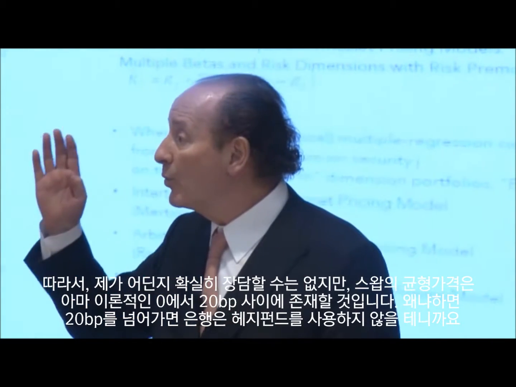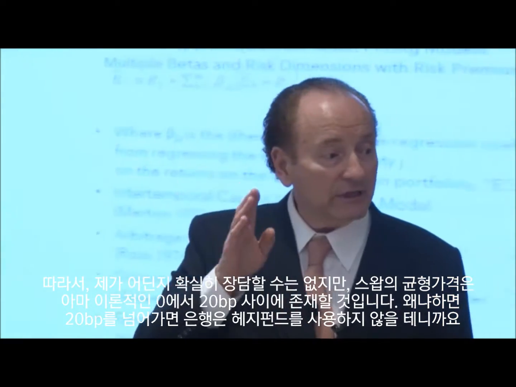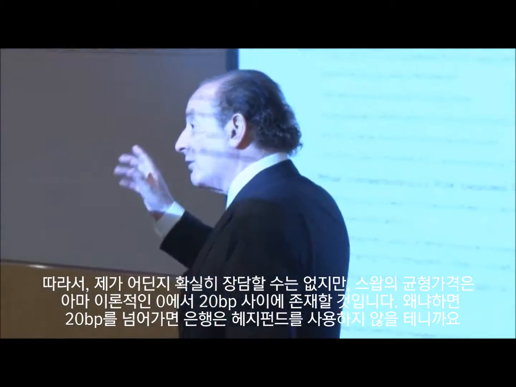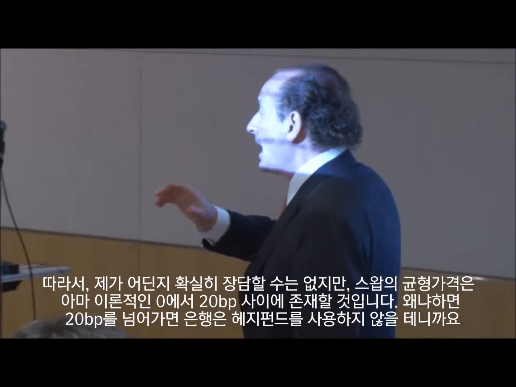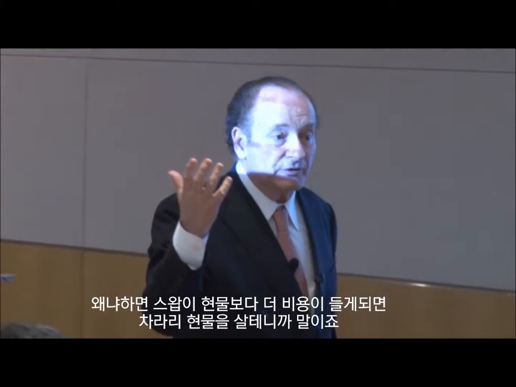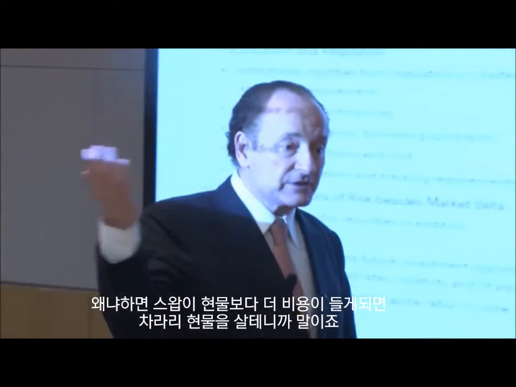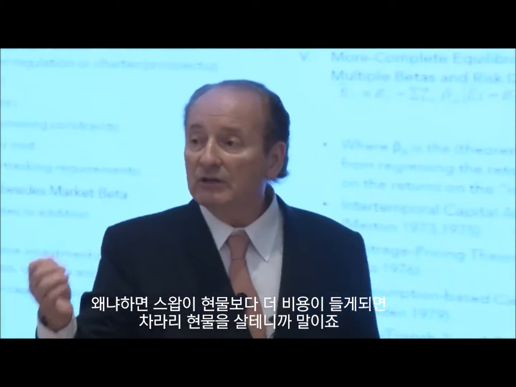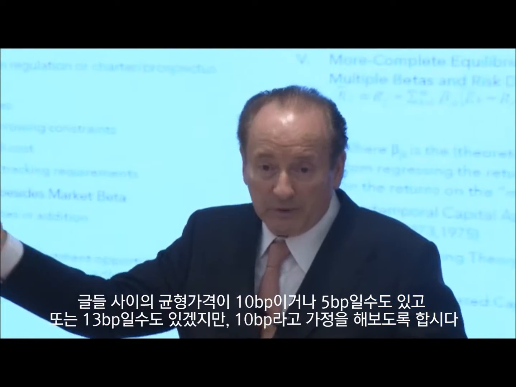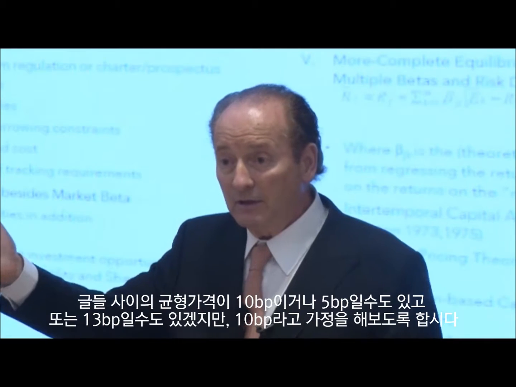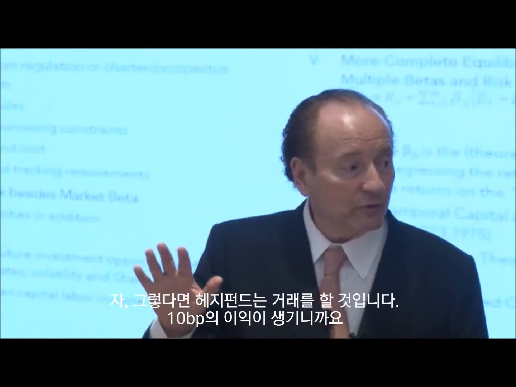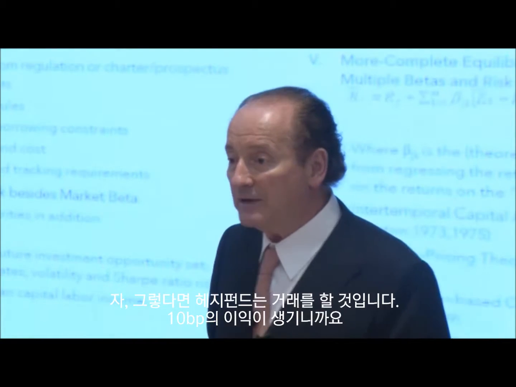Therefore, I can't tell you where it will be, but I know that the equilibrium price of swaps at this time is somewhere between zero, from the theoretical, and 20 basis points. Because above 20 basis points, the banks won't do the trade because they're overpaying for the swaps. So let's just say the equilibrium is 10 basis points. It could be lower, it could be 5, or it could be 13. Say it's 10. Well, now the hedge fund will do it because they see themselves making 10.